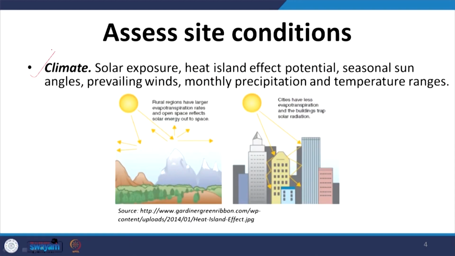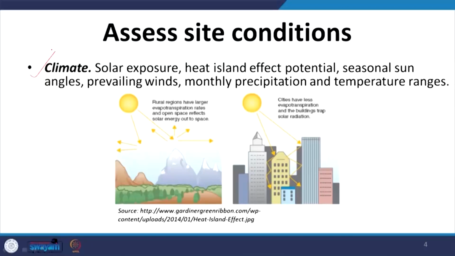We have already done a detailed understanding of the climate of a place, and what are the different factors which are used to understand it. Now, that was the macro level study. Here, when we are talking about climate, we are doing it specific to the site. Here we are talking about the solar exposure.